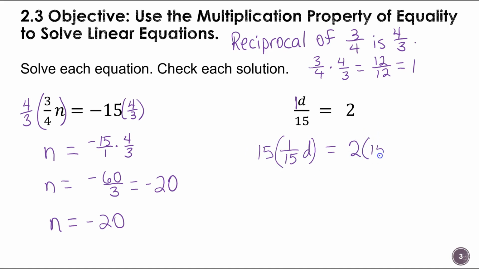So we multiply both sides of our equation by 15, and that leaves me with a 1d. Remember, reciprocals always equal 1 when we multiply. And then that is equal to 30. Of course, you can check that: 30 divided by 15 equals 2. It checks.